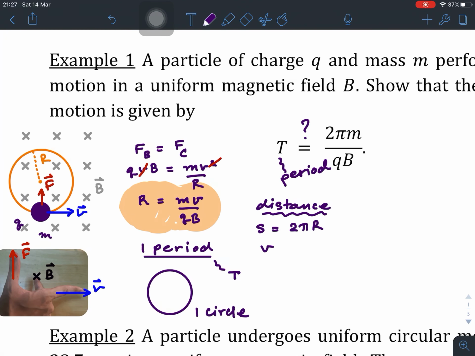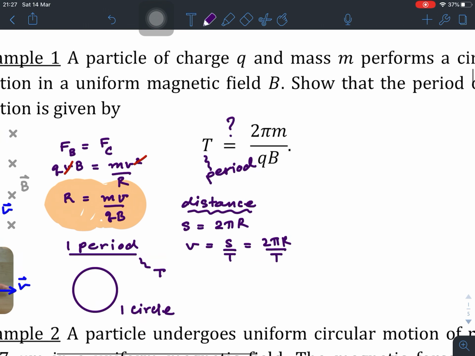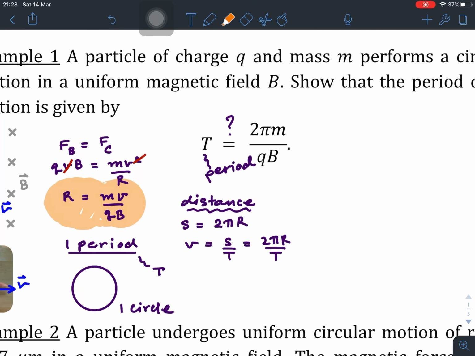So we can write down the speed v as s over t, or 2 pi r over T. Then I will plug this speed back into r equals mv over qB.